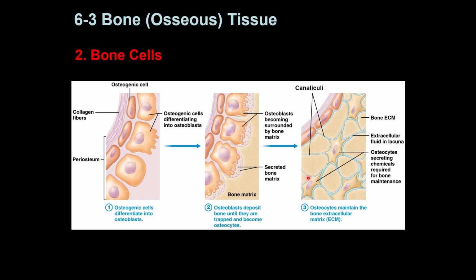These blood vessels also run in the bone. These nutrients go through the small canaliculi and reach the osteocytes. The waste products are also released from the osteocytes into the canaliculi, and then they go back to the blood. So it's an indirect way of getting nutrients.